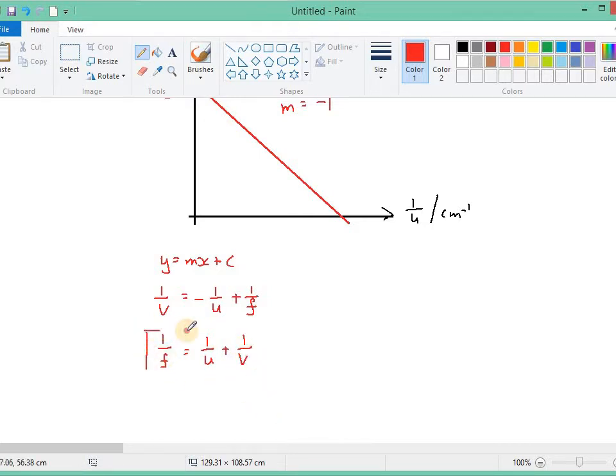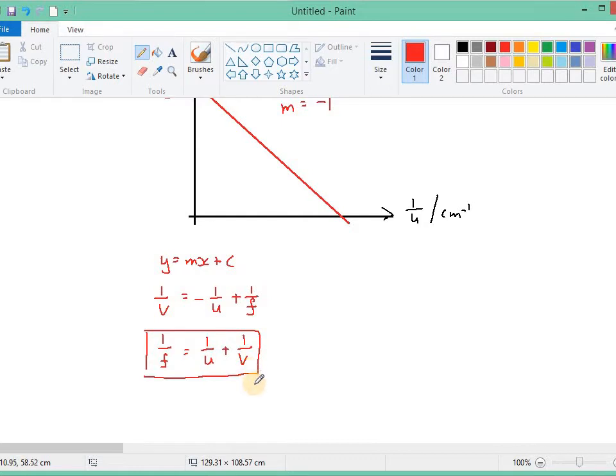This equation relates together the focal length, object distance, and image distance. If we know the focal length of the lens and the object distance, we can know the image distance, where the image is going to appear.